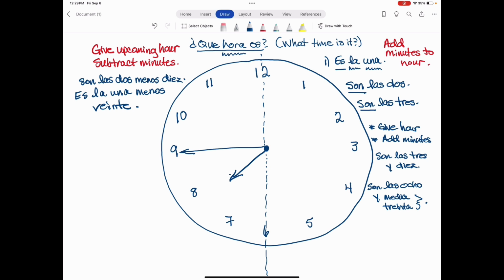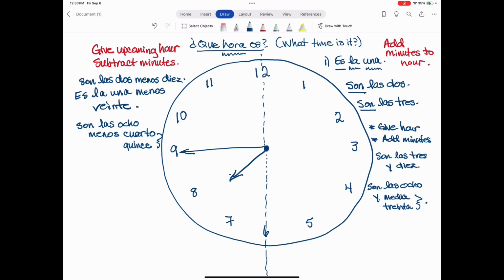You will say, son las 8 menos cuarto, like minus a quarter of an hour, or you can use the number menos 15. And either of those is absolutely fine. It does not matter which way you use it.